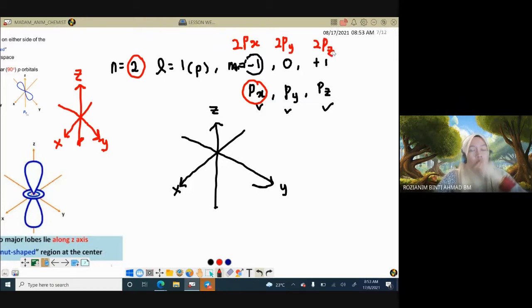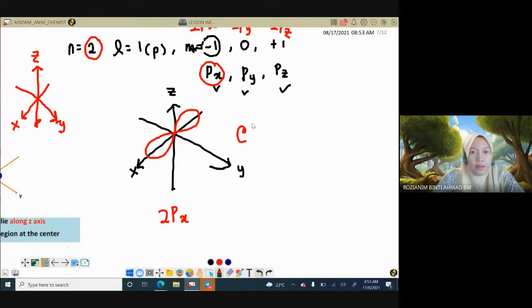Itu cara tulis subshell dalam labeling drawing. So saya lukis dulu 2PX. Means our dumbbell is on axis X. Okay, done. Either you draw it open here, open space, ataupun you can draw also you shaded the dumbbell.